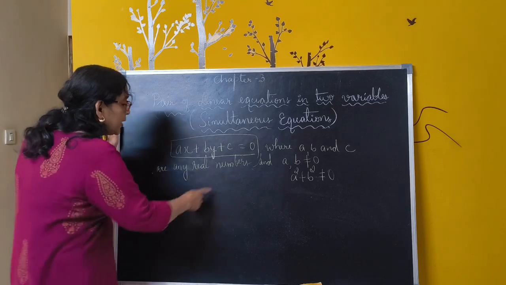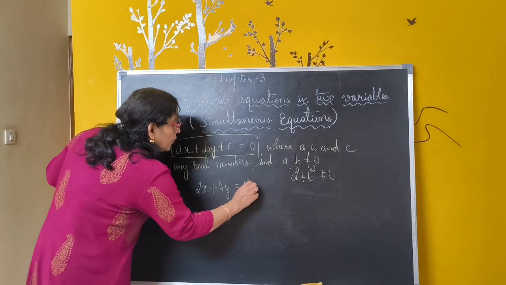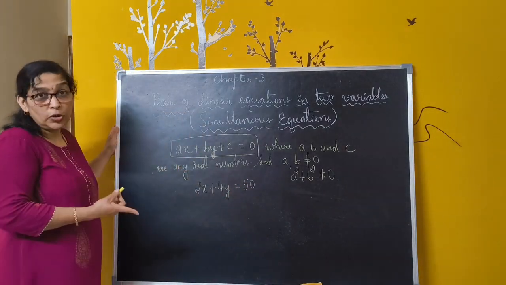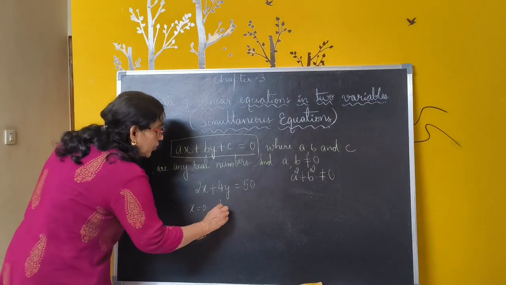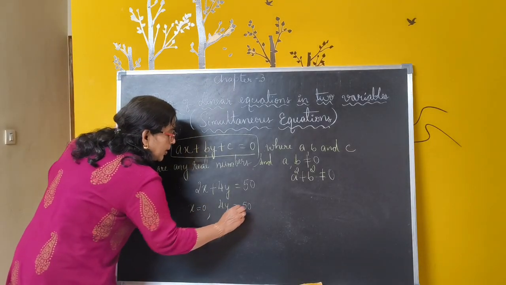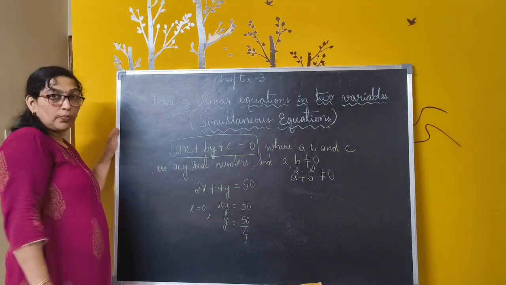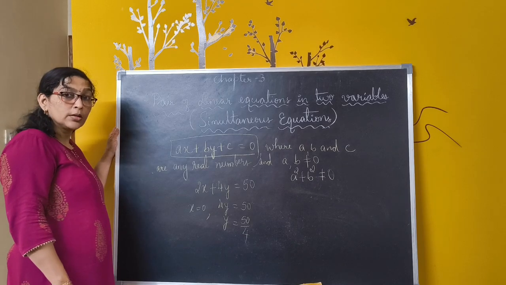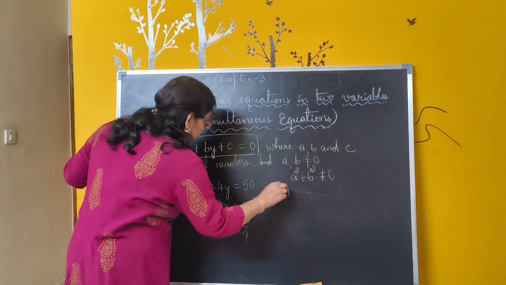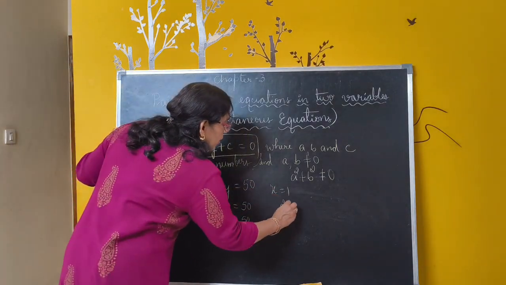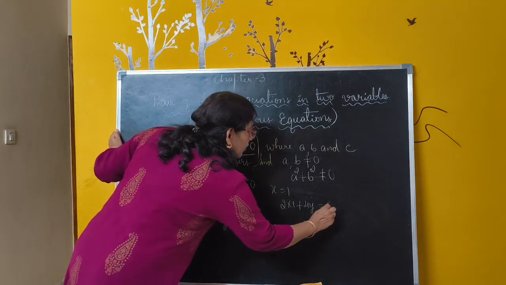For example, if I take the previous example, that is 2x plus 4y is equal to 50, I can have any number of solutions. Let us assume x is equal to 0, then 4y is equal to 50, y is equal to 50 by 4, which is 12.5. Or if I take x is equal to 1, then 2 into 1 plus 4y is equal to 50.